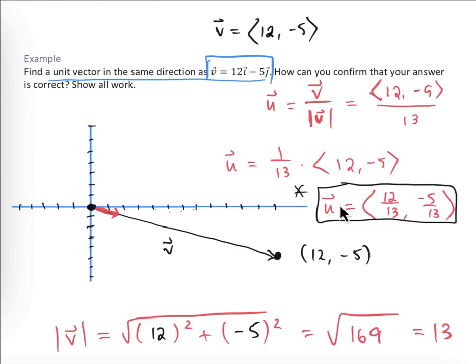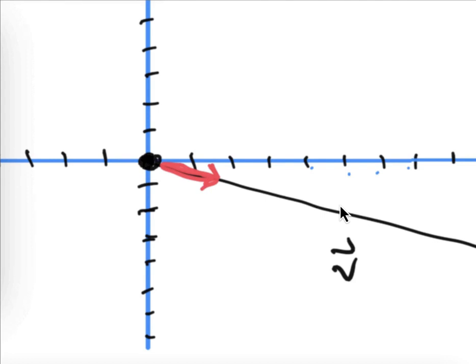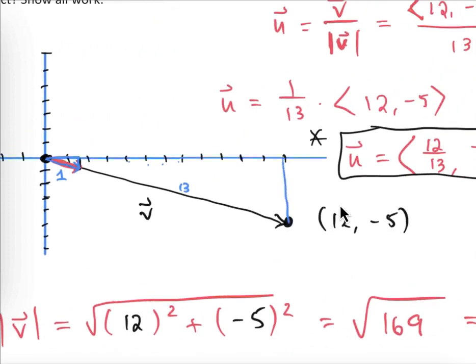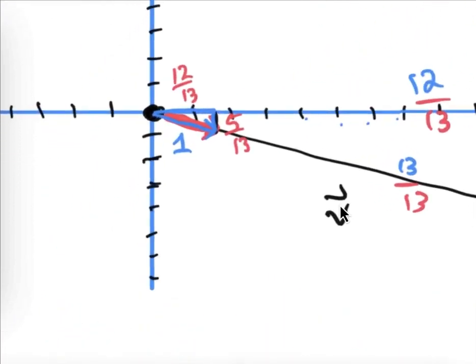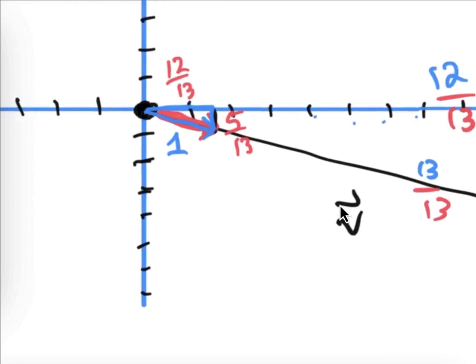one whose magnitude is 1. So let's take a quick look here that basically we're taking this triangle and shrinking it down so that its magnitude, or the hypotenuse side, would have a length of 1. Well, if I'm going to take something that did have a hypotenuse side of 13, this side is 5, this side is 12, and I want to shrink it down so that the hypotenuse side is 1, well, then I'm going to divide everything by 13, right, to get a similar triangle, and those are going to be the components of the unit vector that is now much smaller but has a hypotenuse side of 1, or magnitude of 1.